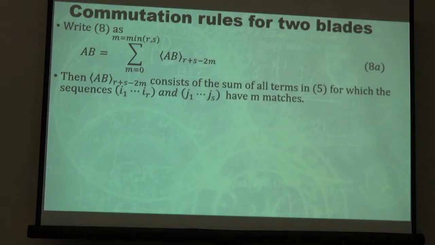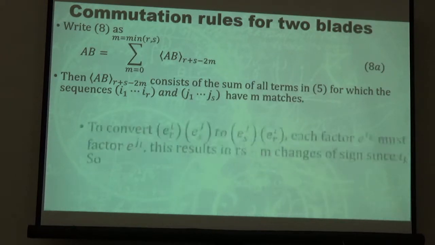Since this bracket consists of the sum of all terms in 5, which we looked at earlier, and the sequence, we have I1 through In matches. So that's really what we're always looking for: how we can get these matches.